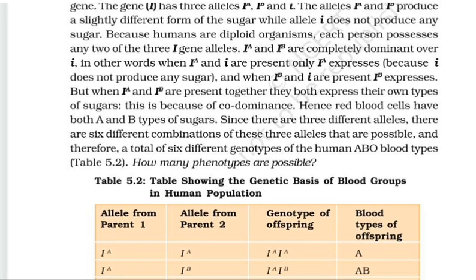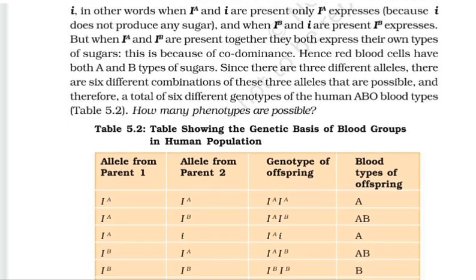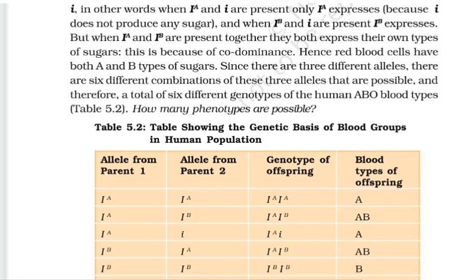IA and IB are completely dominant over small i. In other words, when IA and i are present, only IA expresses because i does not produce any sugar. जब i बोल रहा हूँ मीन्स वो वाला स्मॉल i है, ठीक है, सिंगल i वाला.